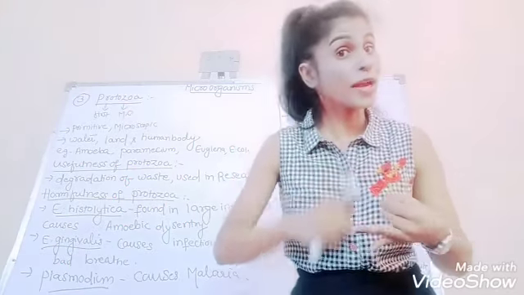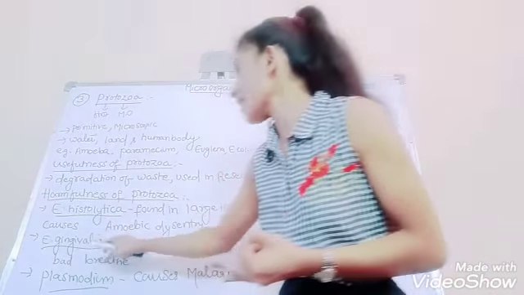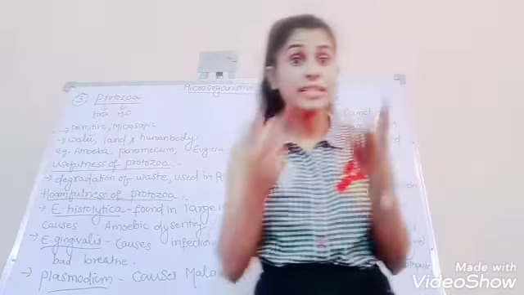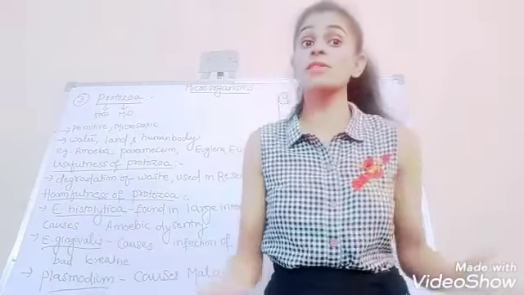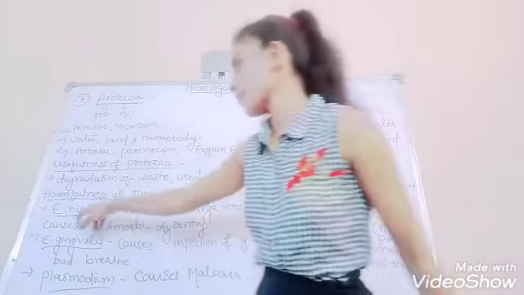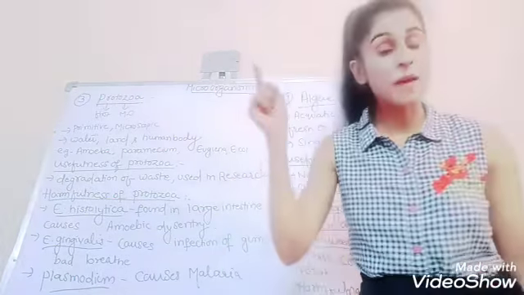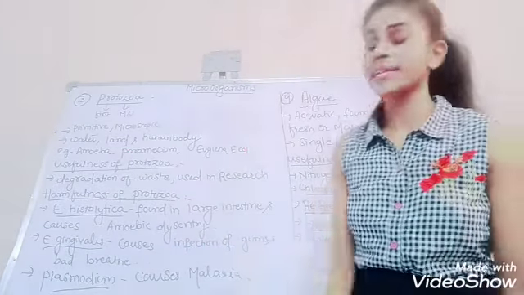Remember, Plasmodium causes malaria. And Entamoeba gingivalis causes infection of the gums, leading to bad breath. So protozoa are of course responsible for bad breath. Entamoeba histolytica, present in the large intestine, causes amoebic dysentery.